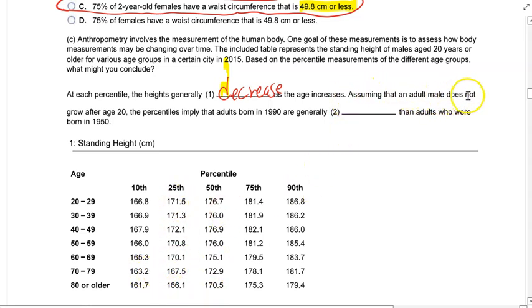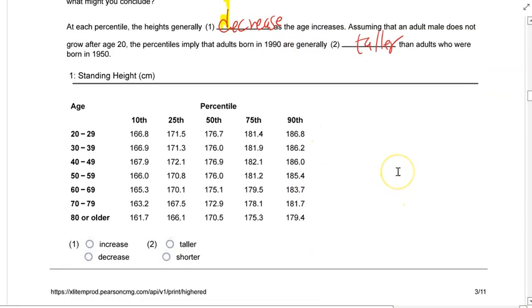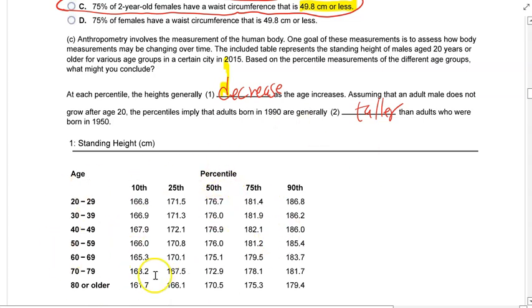Assuming that an adult male does not grow after 20, the percentile implies that the adults born in 1980 are generally taller, because this is the data for 2015, and since the percentile decreases over the years, the people who were born in 1950 must be shorter than those born in 1990, or adults born in 1990 are generally taller than adults born in 1950.